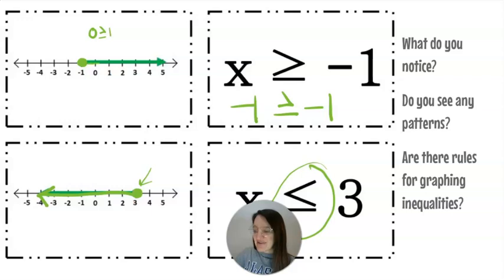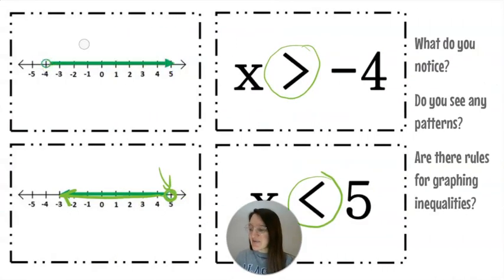Yeah, that's why 0 is filled in. Is it true that 1 is greater than or equal to -1? Yeah, that's why 1 is filled in. Is it true that 4 is greater than or equal to -1? Yeah, that's why it's filled in. So everything to the right is greater than or equal to -1. That's why -1 is filled in.